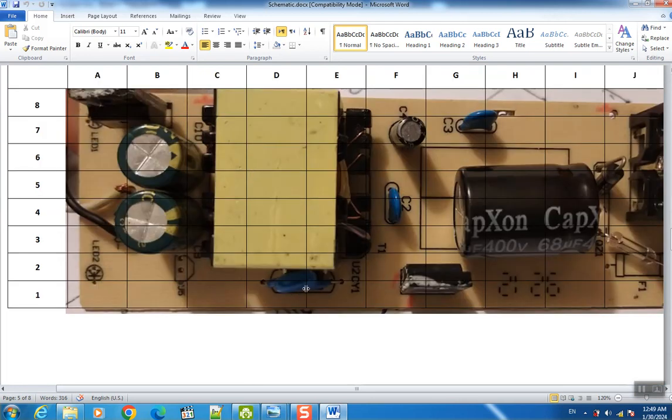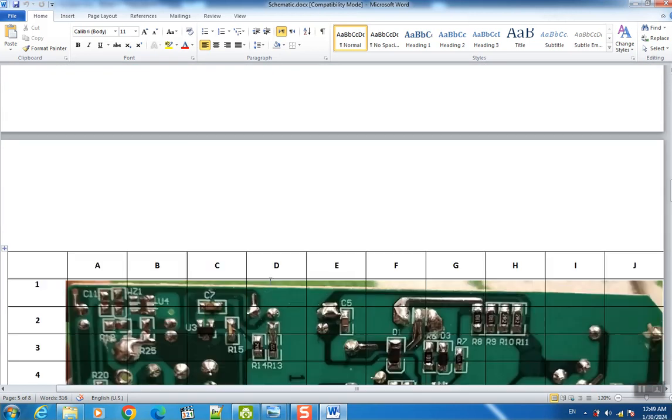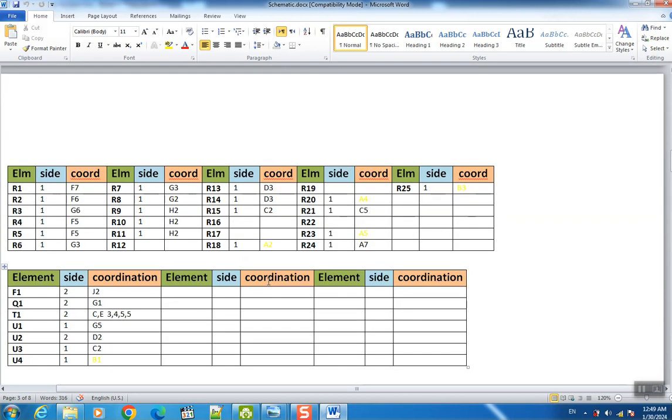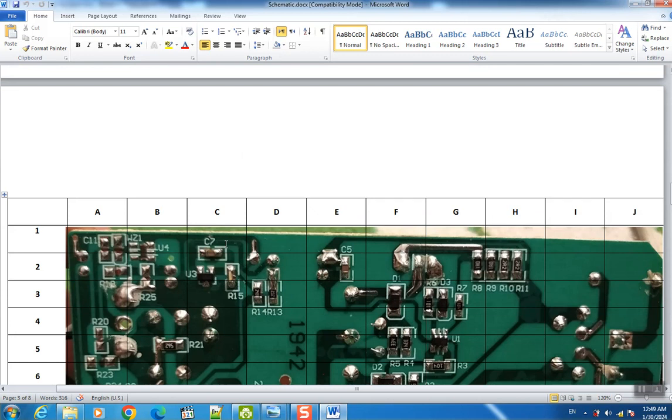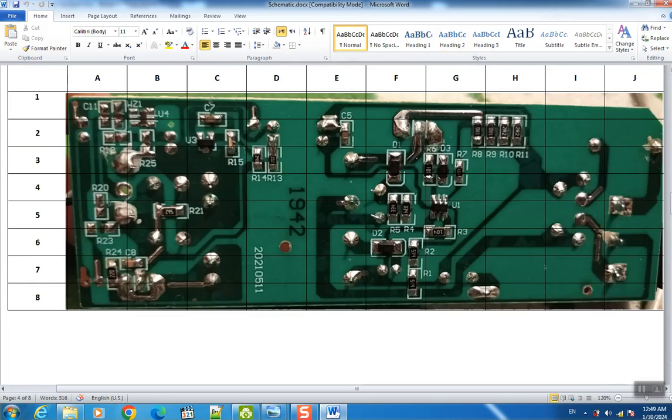D2 are here behind the capacitor, or for example R8 side 1 G2, G2, R8.